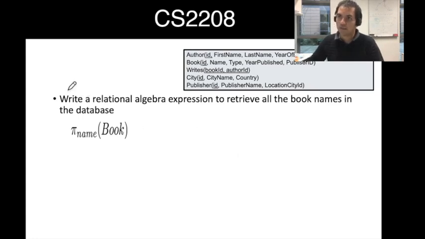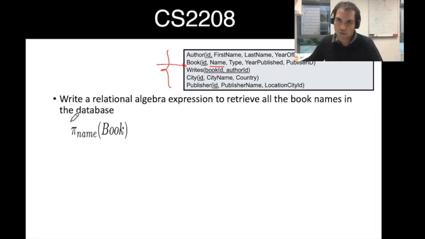Okay, basically for the first part of the lab, the idea is that we have a database, or the structure of a database, and then we have to write different queries using relational algebra. The first query indicates that we have to get the names of the books, of all the books in the database. Basically what we have to do is to look into the table book, and we want to get the name.